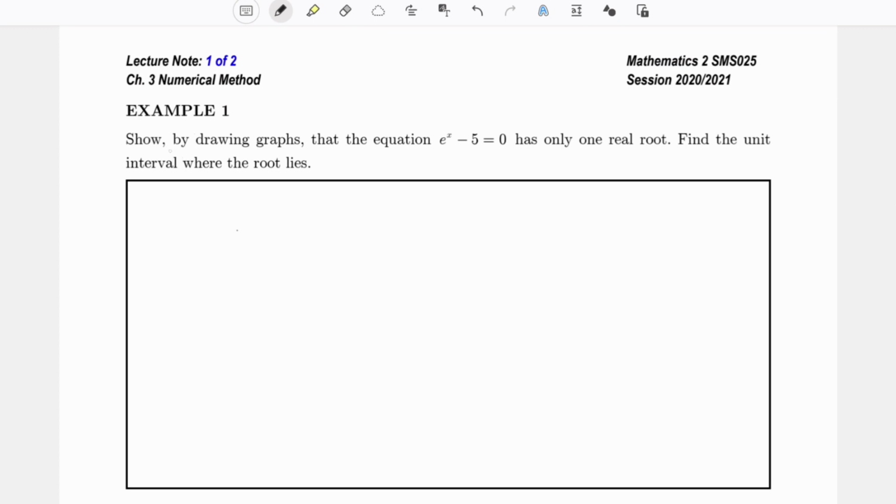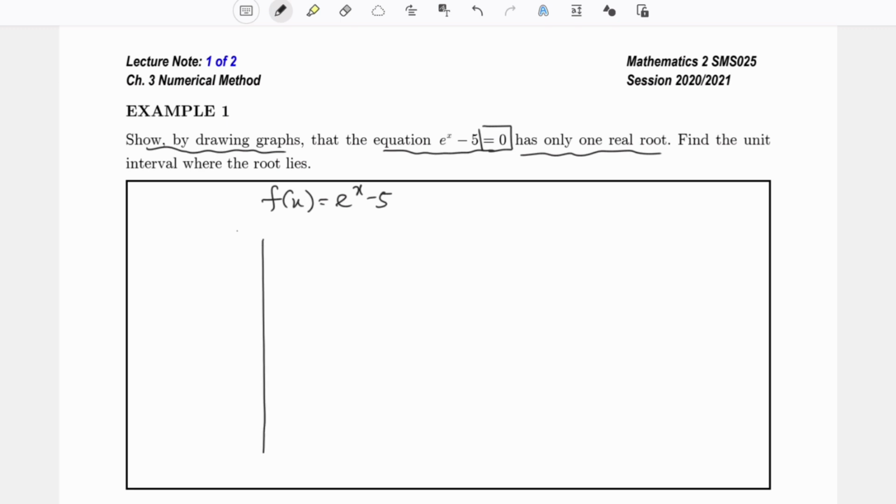Example 1. Show by drawing graphs that the equation e^x minus 5 equal to 0 has only one real root. So let f(x) equal to e^x minus 5. Make sure it is equal to 0 first before you take out your f(x). Draw the y-axis. Draw the x-axis.